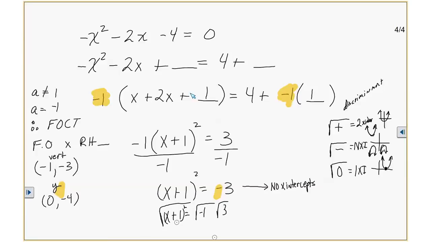Because what is -3? -1 times 3. So, what is the square root of -1? i. And the square root of 3, you just leave it, and then bring the 1 over. And that's how you would write the answer for an imaginary number, or non-x-intercept.